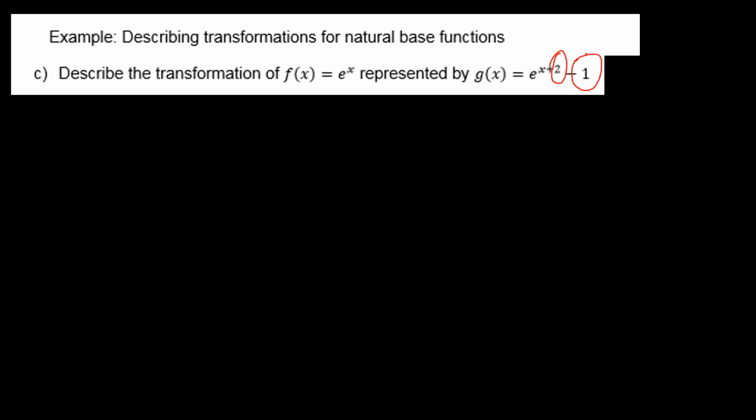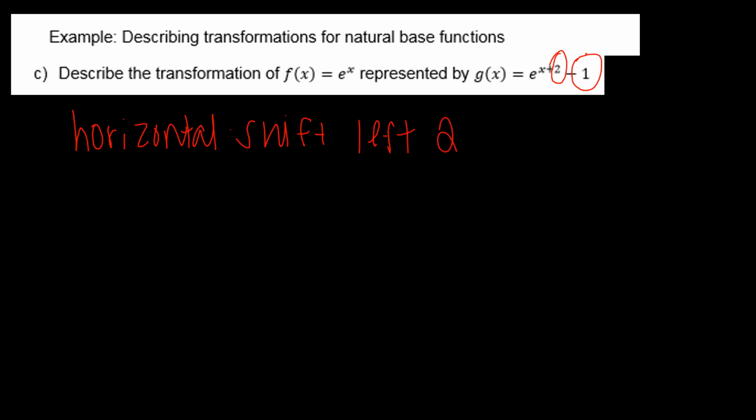So plus 2, it's with x, so it's a horizontal shift, and so plus 2 would be left 2. Okay, and then minus 1 is on the outside. It is not attached to x, so that's your vertical shift. And then minus 1 would be down 1.